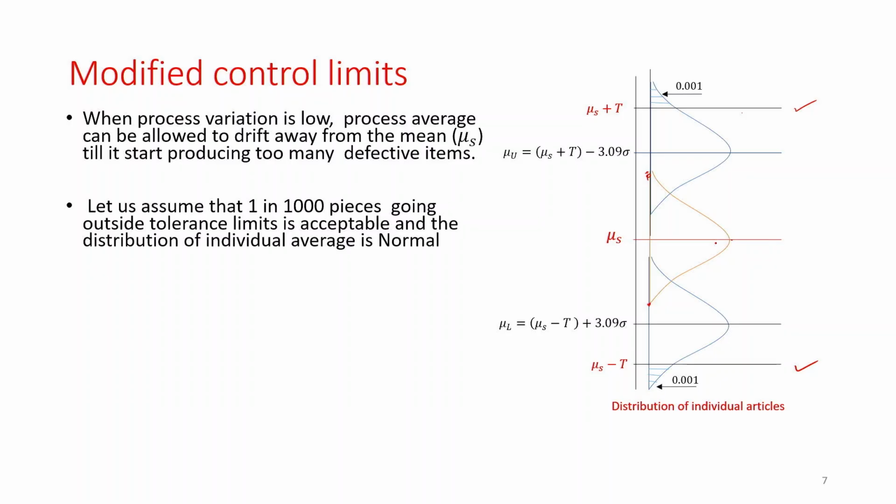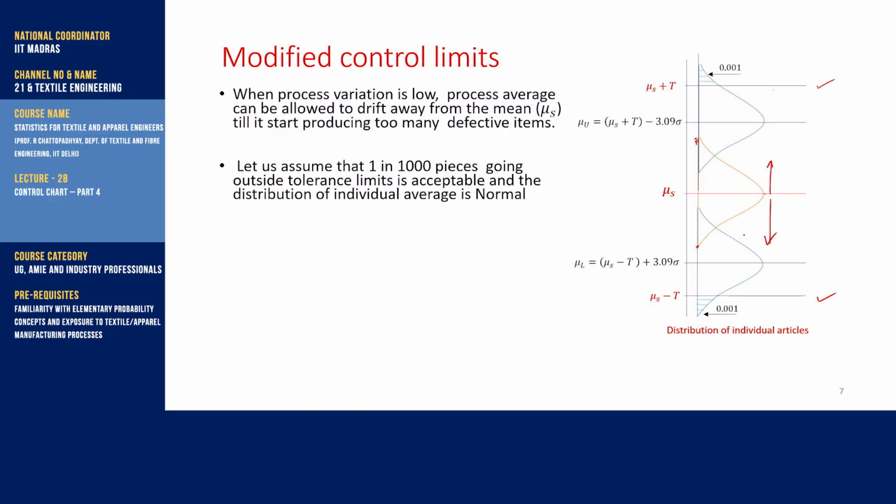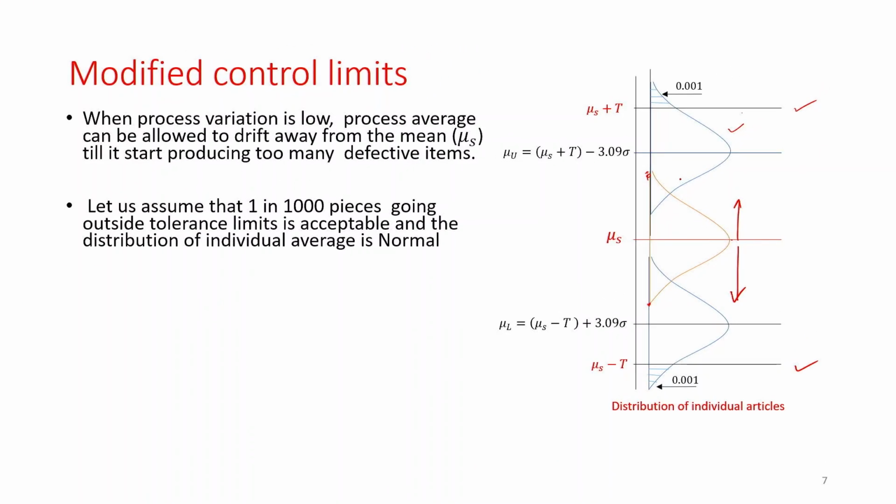But we can even allow the process to shift towards the right hand side or towards the left hand side. And if it shifts, how far can it shift? The two extreme shift positions are shown, one on the left hand side of mu s, the other on the right hand side of mu s. As long as it is shifting, no defective items are produced till the curve crosses this threshold line, that is the upper tolerance and the lower tolerance.